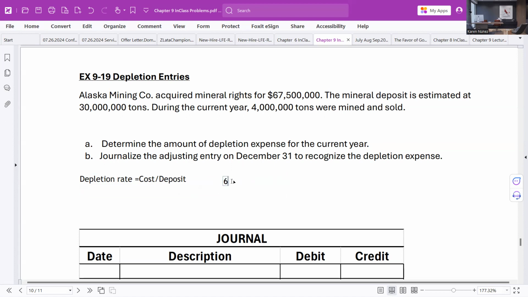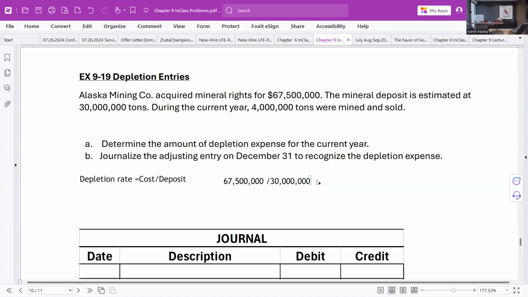So we got a cost of 67.5 million, and we want to spread that over its estimated tons that will be mined over its useful life. So the estimate in this case is the 30 million tons that they anticipate being able to remove and sell.